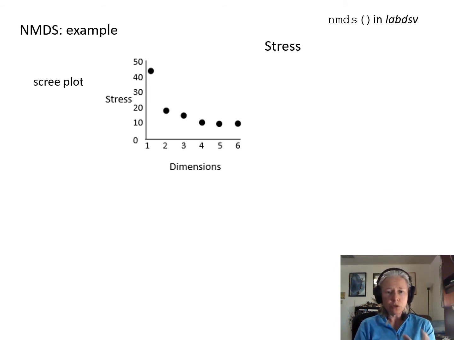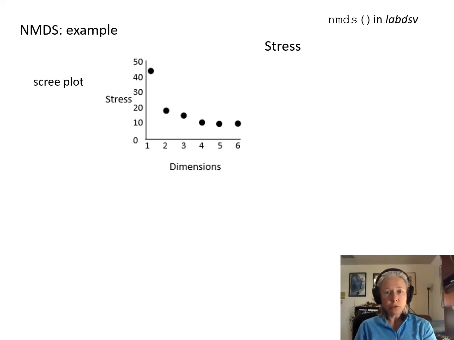And what you're doing is looking to see where the resulting pattern shows an elbow. In other words, the greatest drop or change in stress from one value to the next. So in the case of this scree plot, the first two axes produce a greater reduction in stress than other dimensions. And so in this case, we can conclude that a two-dimensional solution would be best for this data set.